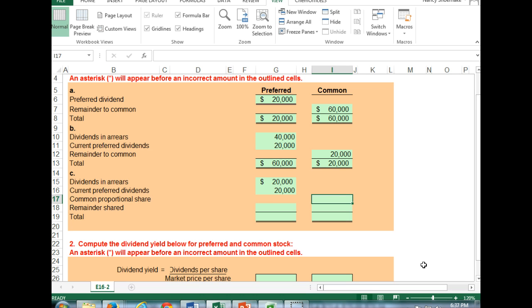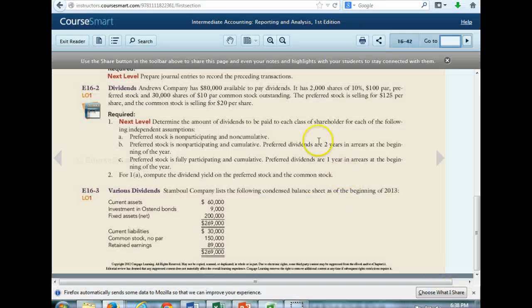So if the preferred shares receive 20,000 each, or 10% of their value, what is going to be the common stock value? How many are out there? It tells us 30,000 shares at $10 par common stock.